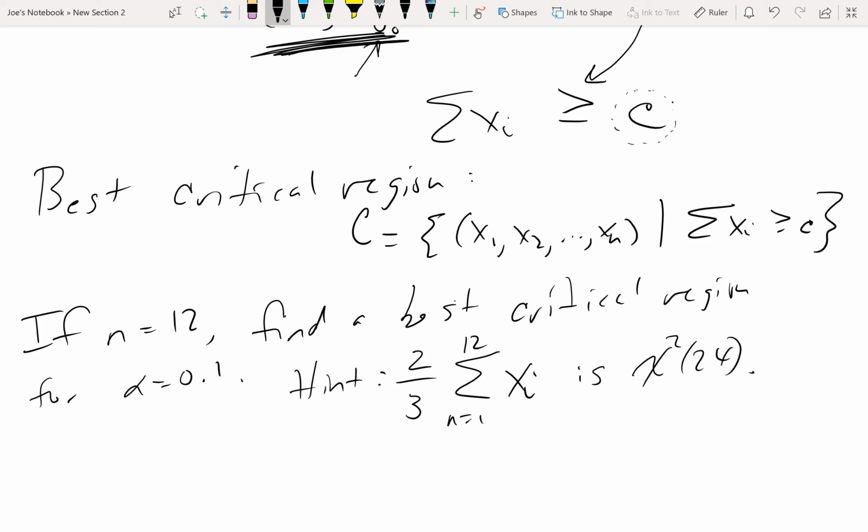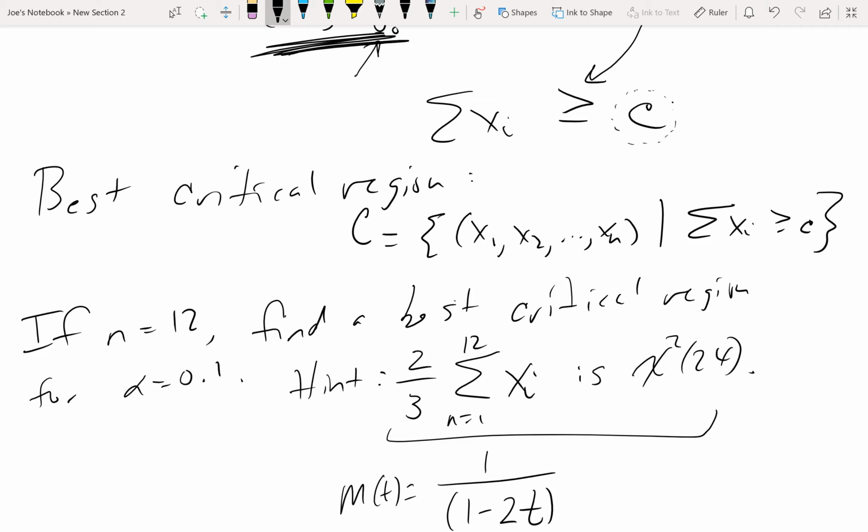It doubles the degrees of freedom. The reason for that is, I always want to give you a reason why this is true. If you have exponential where theta is 2, then 1 over 1 minus 2t would be your moment generating function. This is exponential of 2, right?